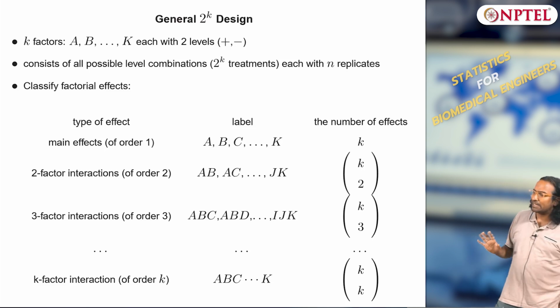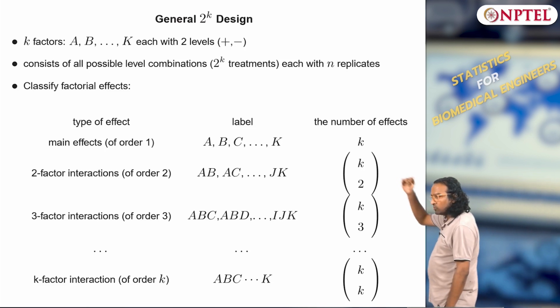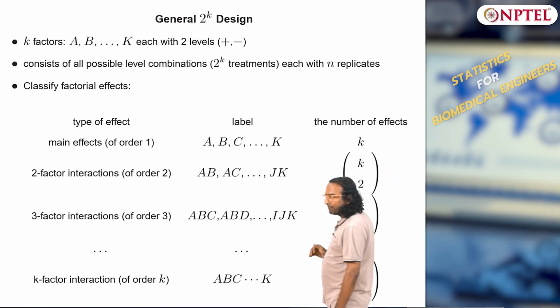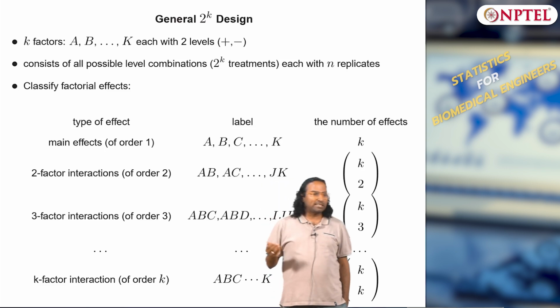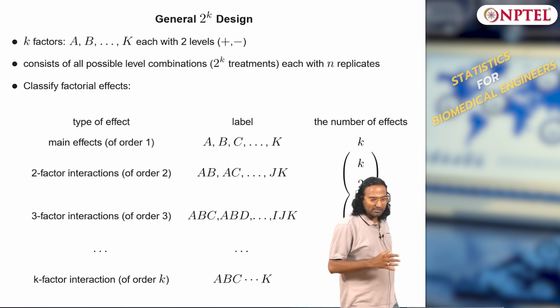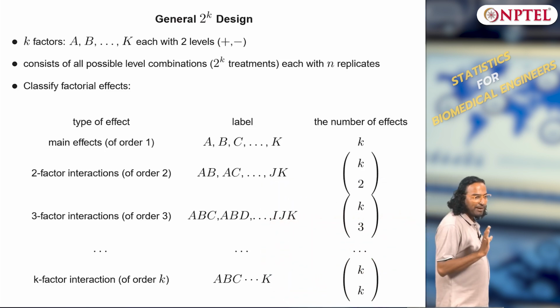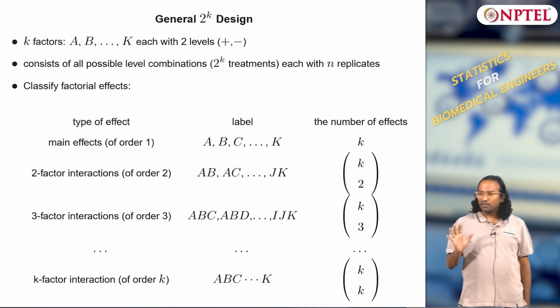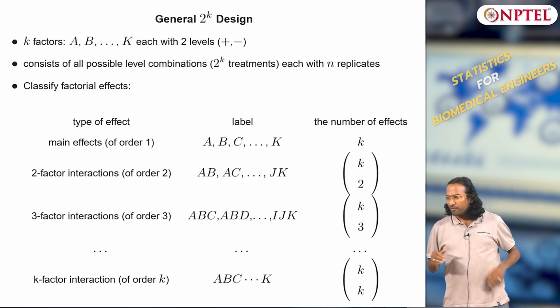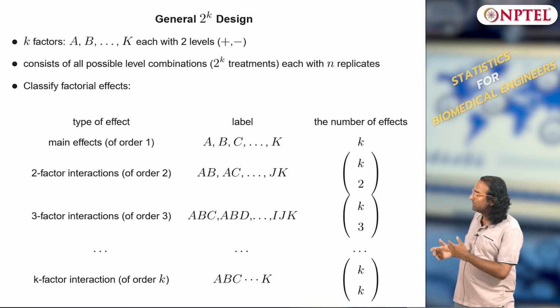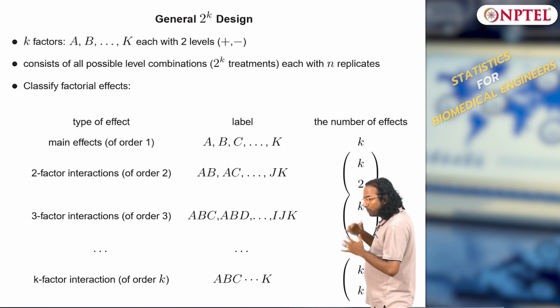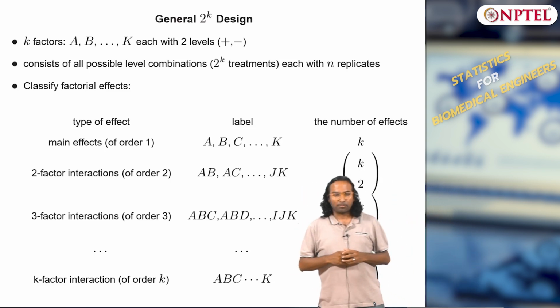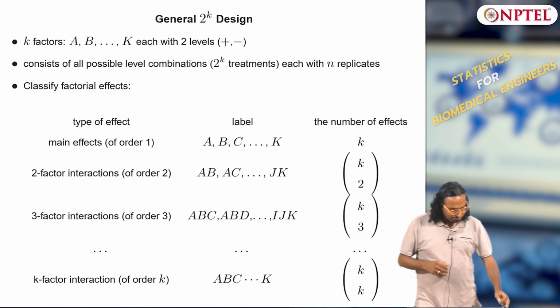So these are the interaction terms when you scale up to 2 power k: kC2, kC3 up to kCk interactions, and there are k main effects. Clear? You can replace k with 4, 5, whatever you want, but this is my general 2 power k design.